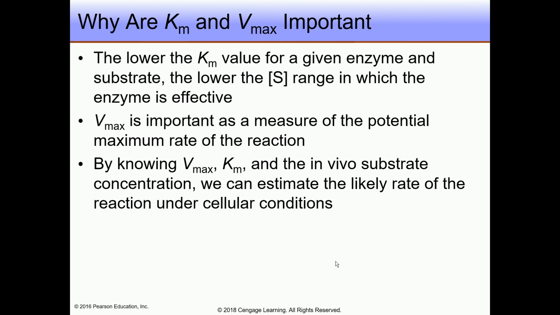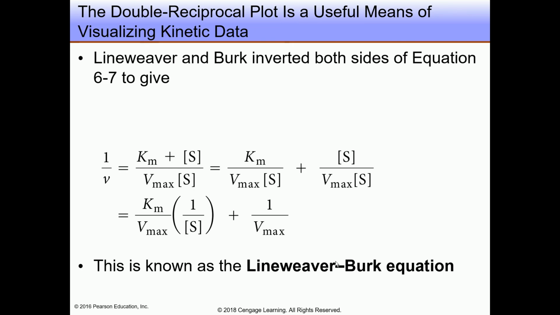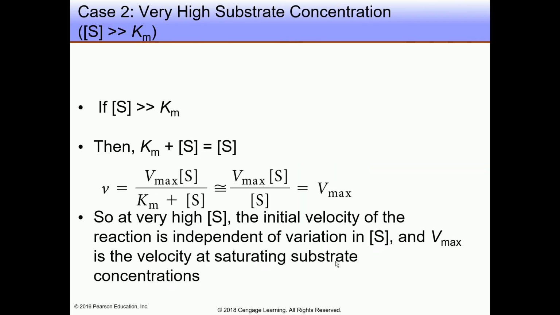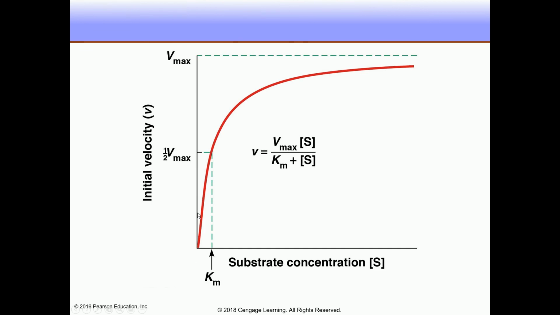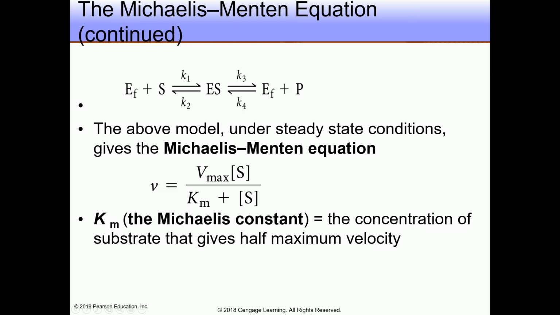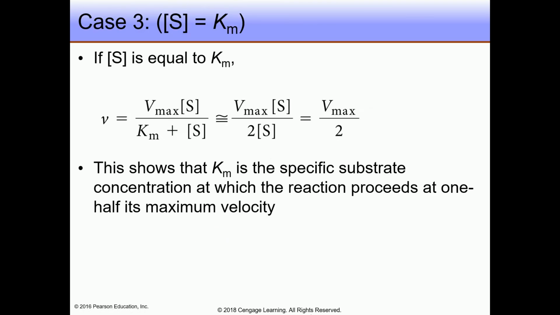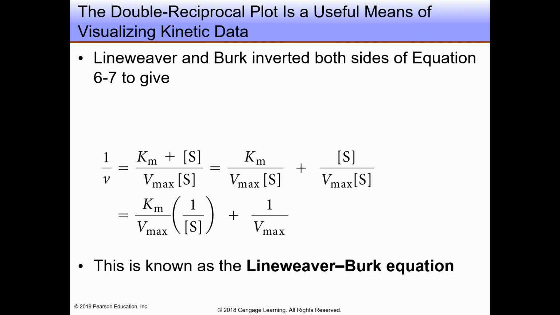And by this Michaelis-Menten graph, we cannot calculate the Vmax and the Km values. So for calculating the Vmax and the Km value, we basically make use of a double reciprocal plot.